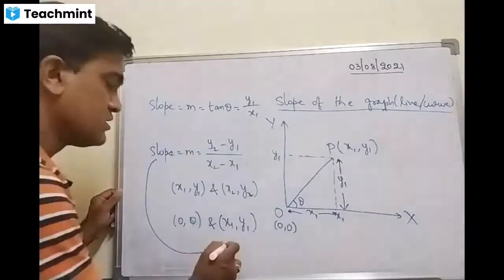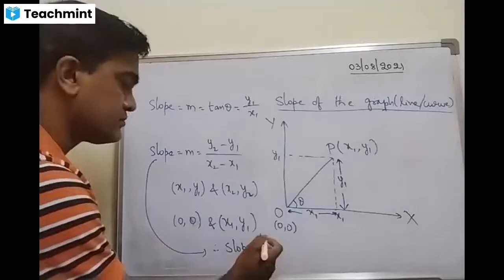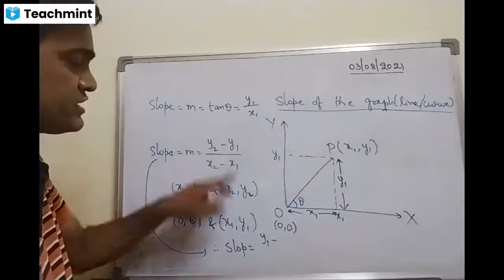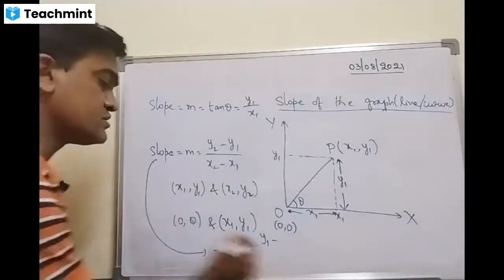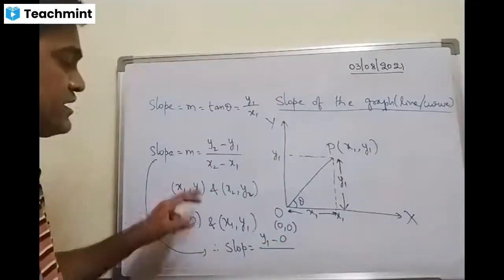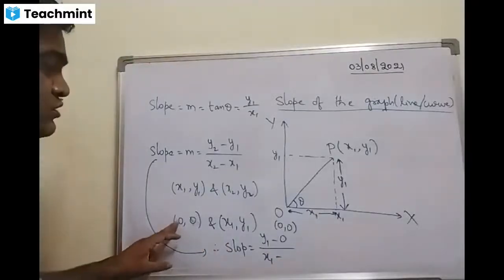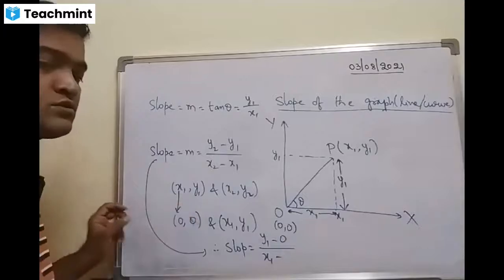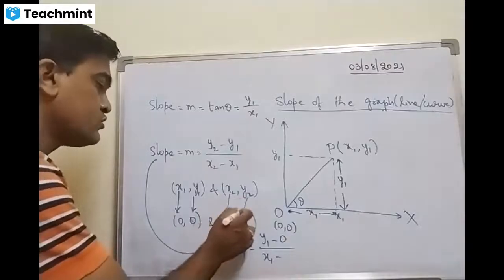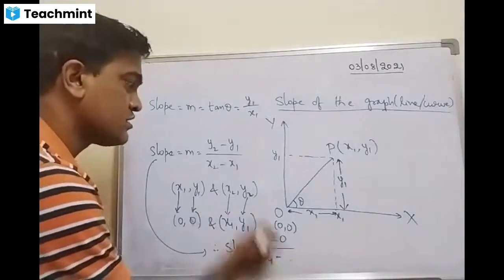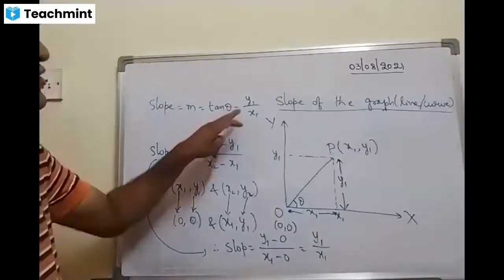Slope is equal to y2, in place of y2 we have y1, minus y1, in place of y1 you have 0, by, in place of x2 you have x1 minus, in place of x1 you have 0. So what you are getting? y1 by x1.